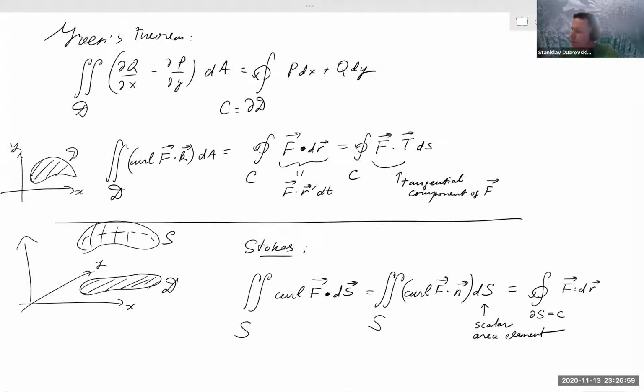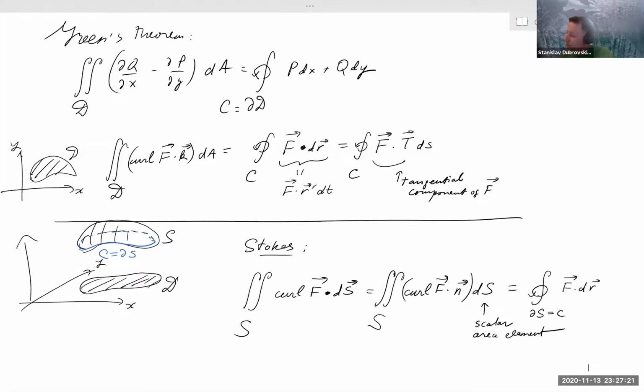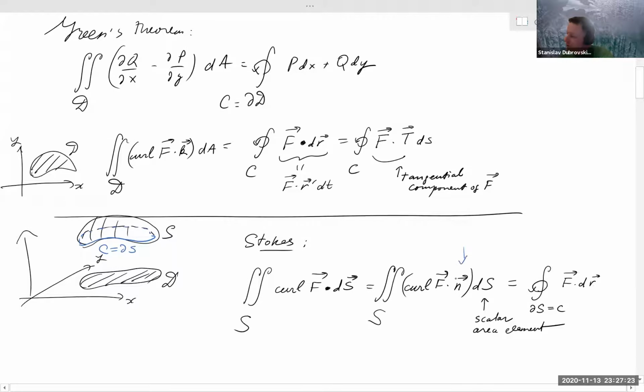Okay, so let's try to understand a few things, starting with the relationship between the surface orientation and the orientation of this curve C, the boundary of the surface. The claim is that the surface, if oriented, and the orientation is essential here, guarantees us the existence of a continuously varying unit normal.